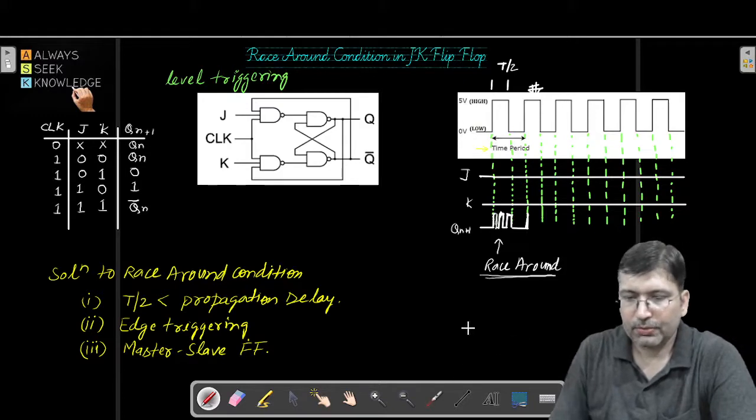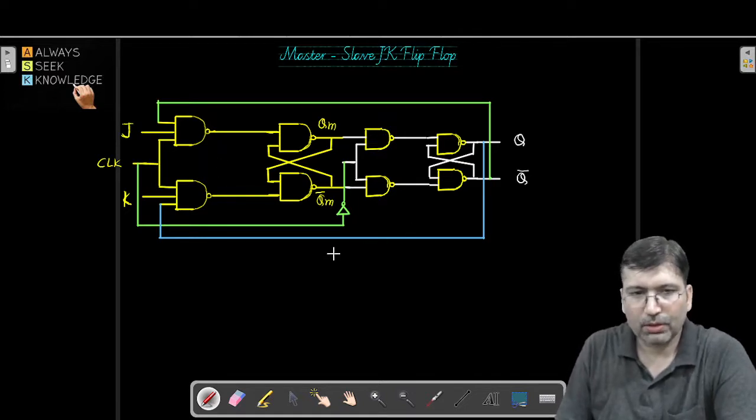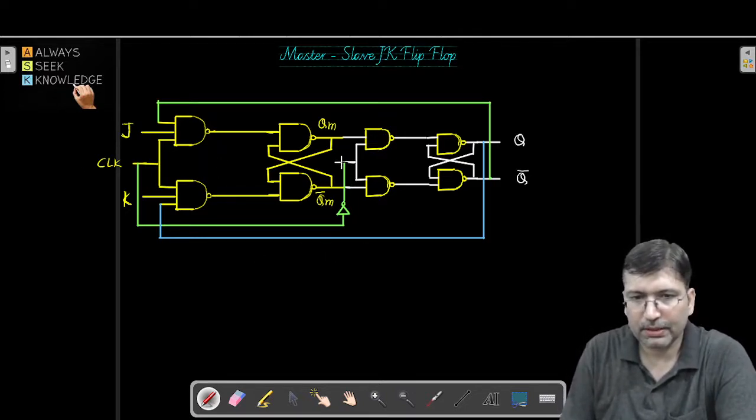In case of a JK flip-flop, if you connect another JK flip-flop, this situation will not occur because these clocks are connected. So at a time only one flip-flop will be active.